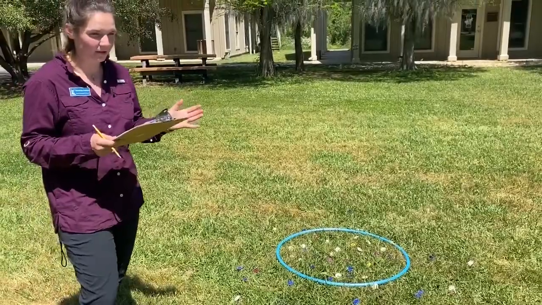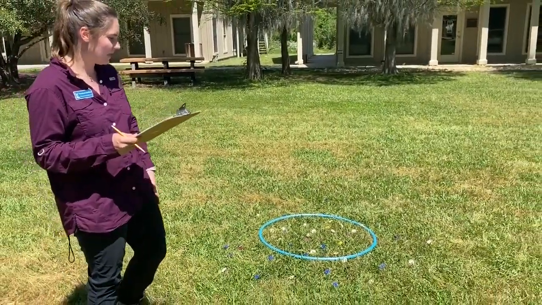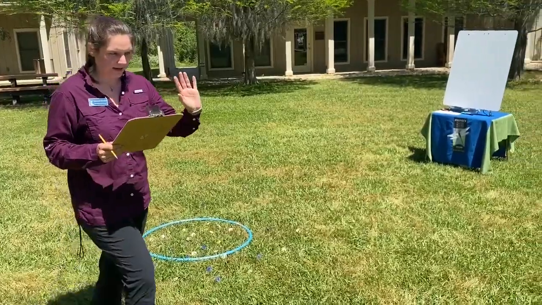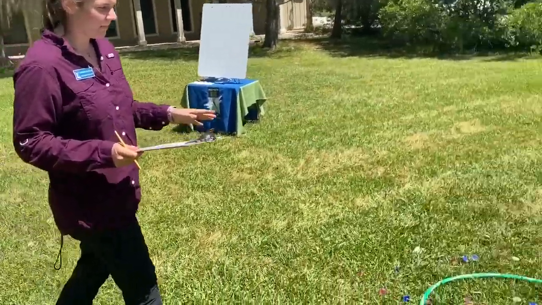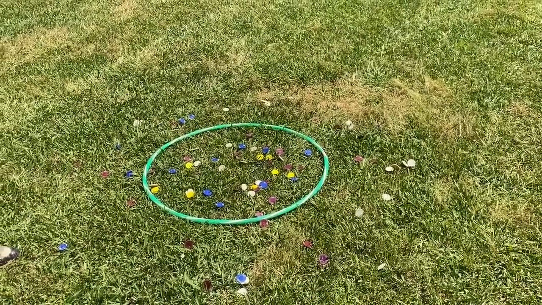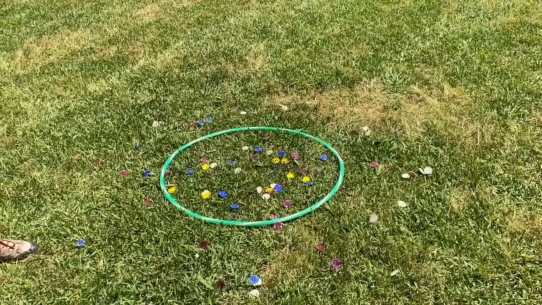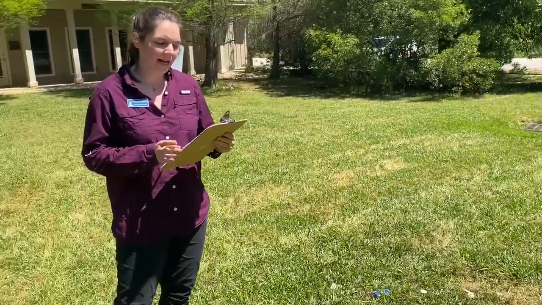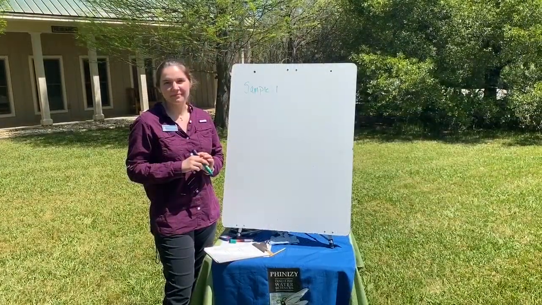So I mentioned the red earlier, and this one does have some of that red population in there. Now we're looking at sample number 3 over here, and for this one we have 13 white, 12 yellow, 11 blue, and 16 red. So what we are going to do next is take a look at these numbers and turn them into some percentages.